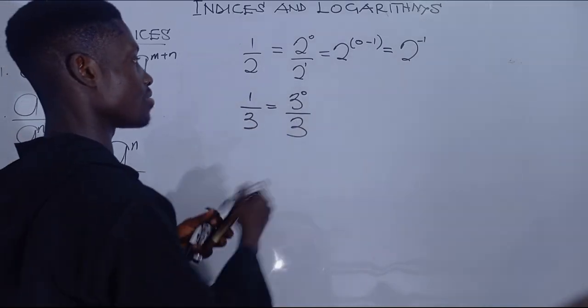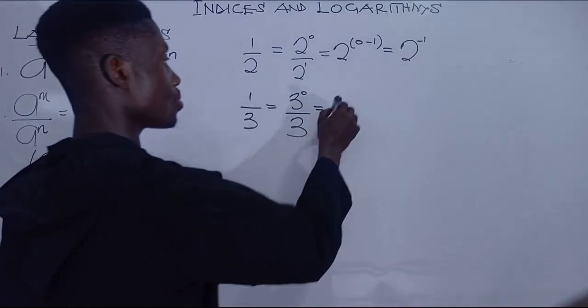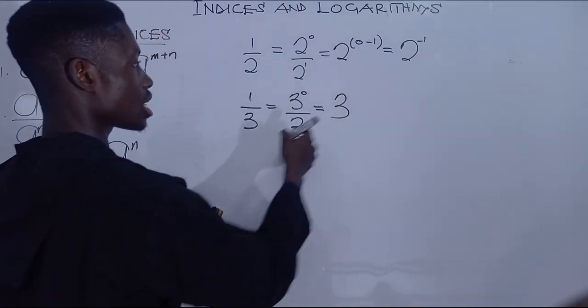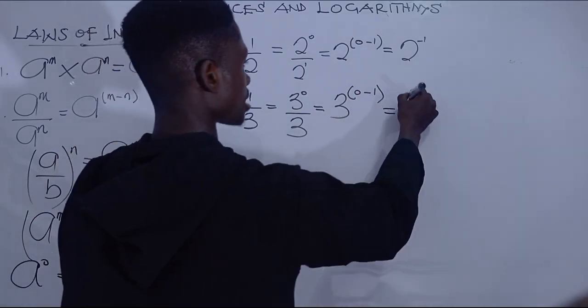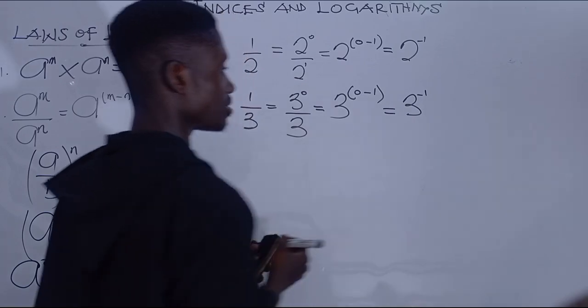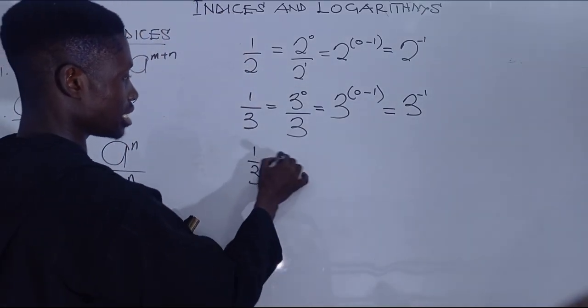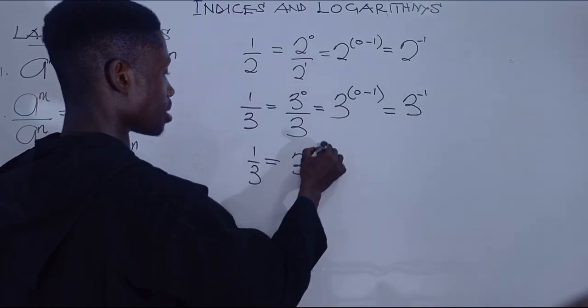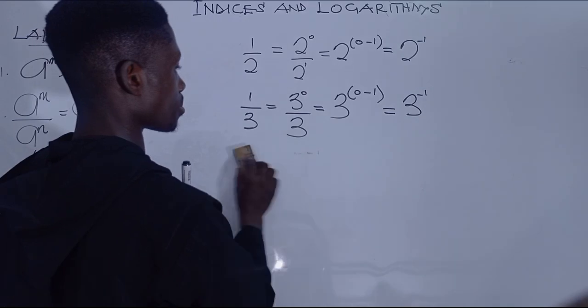Now applying the division law, when two numbers are dividing, they have the same base. We pick one of the base, we subtract their exponents. So this gives us 3 raised to the power negative 1. So you can therefore say that 1 over 3 is the same as 3 raised to the power negative 1. I guess you are following. Let's take another example.